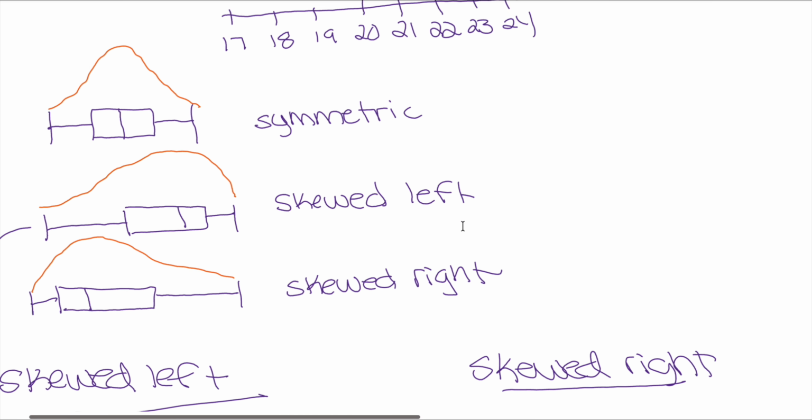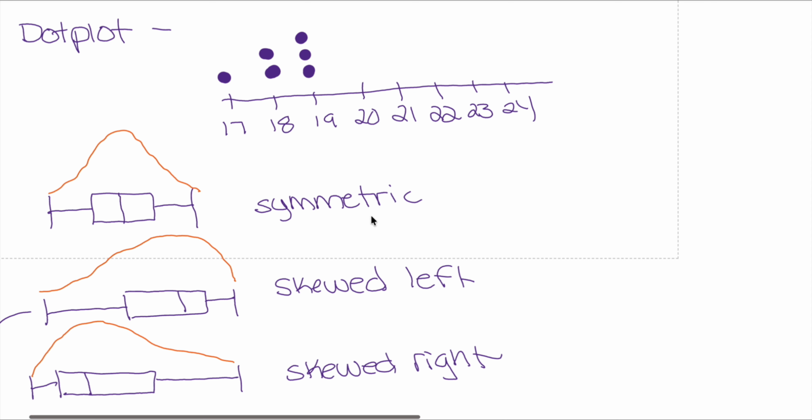Those are just the graphs that reinforce this again. A symmetrical graph looks like this. You can see that the left side and right side have equal amounts of data. Skew left means that the tail, the side with less data, in this case, is on the left, so the whole graph is skewed to the left.